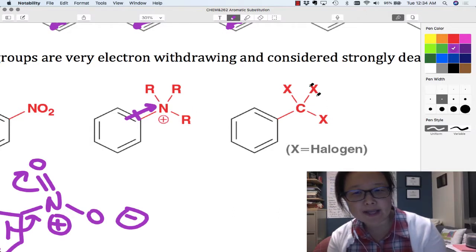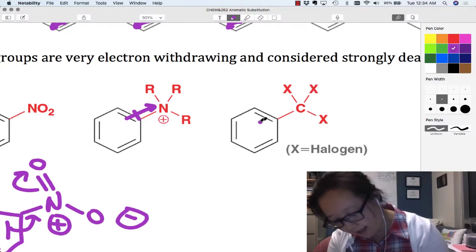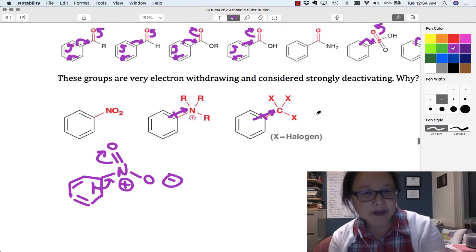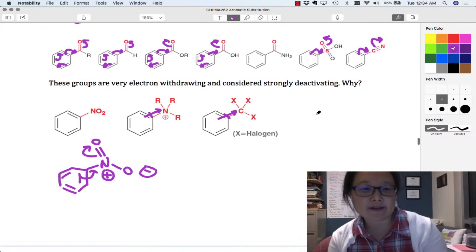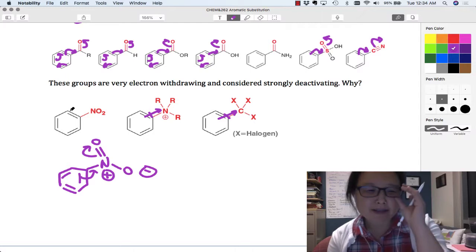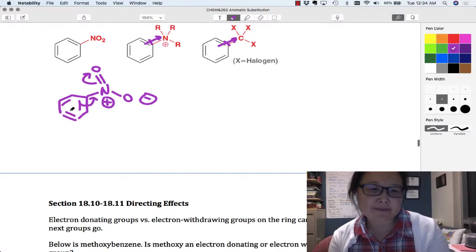And here too, by induction, because of the halogens, which are electronegative, it's pulling density out of the ring. So these are very strongly withdrawing. That's why we saw Friedel-Crafts didn't react with nitro groups on the ring. It's no reaction because they're very deactivating.